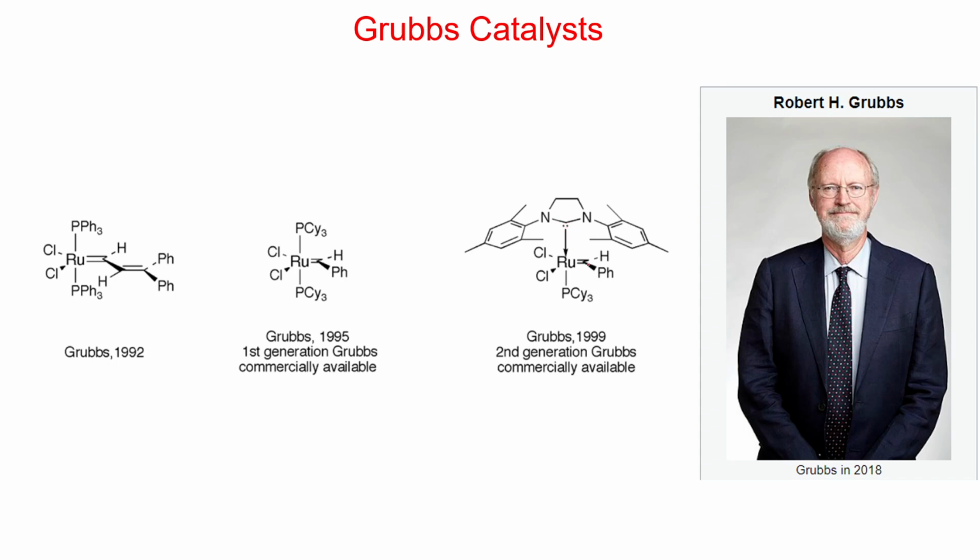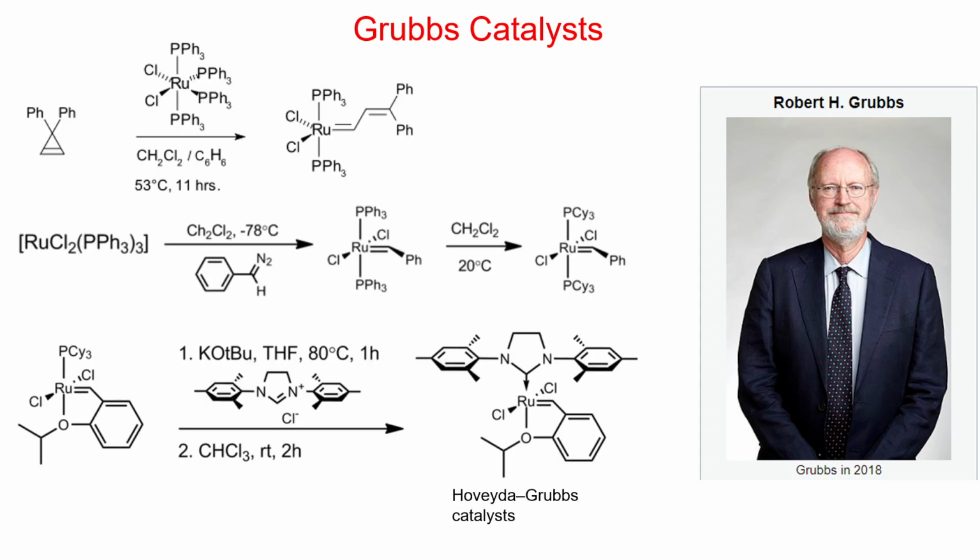So that is also used, and this is actually your second generation Grubbs catalyst. So these are some of the examples. If you use this particular thing, that's how they made the first generation Grubbs catalyst.